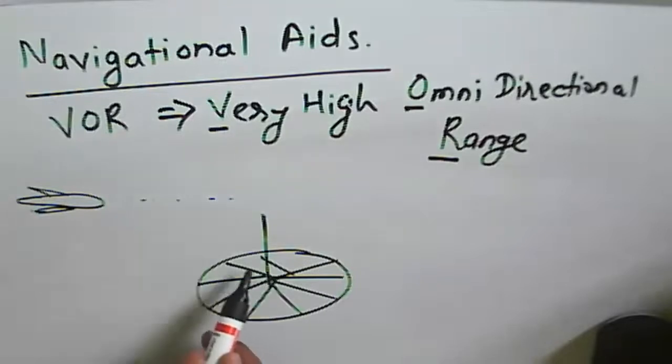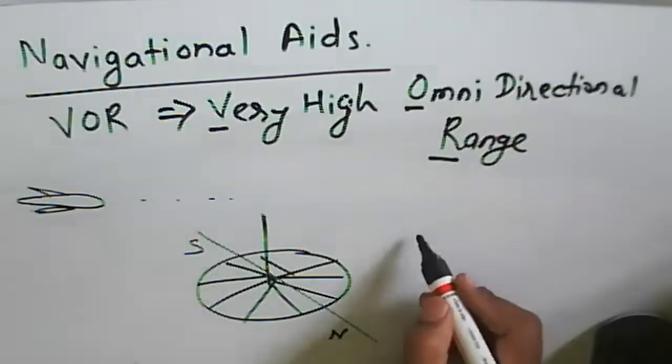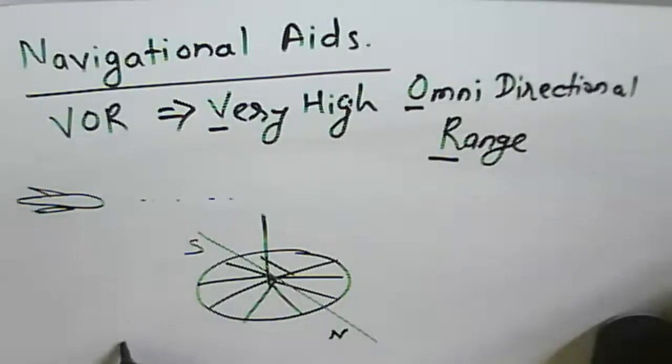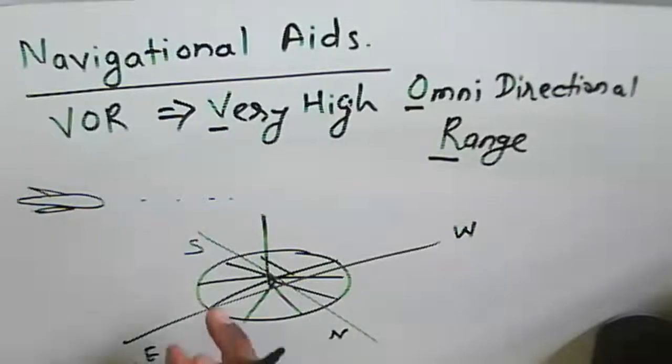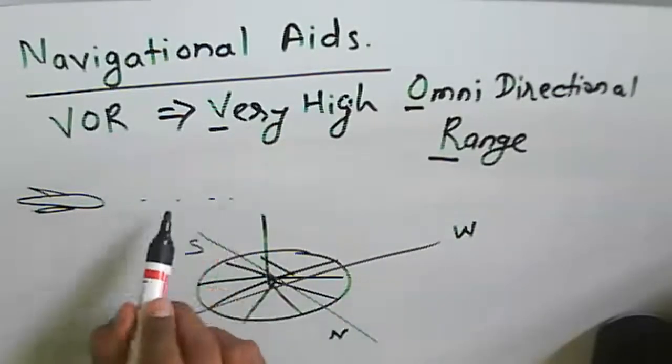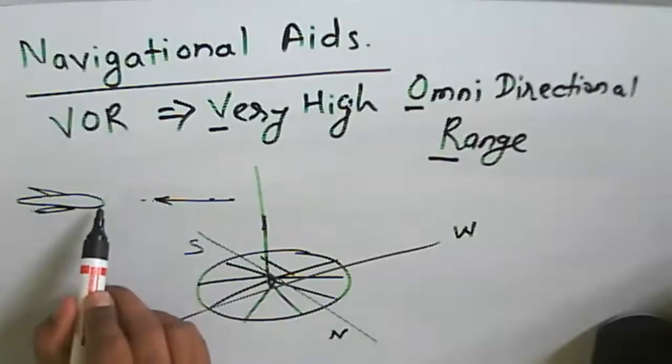From the position, we can find what the north and south, or the east and west position will be. According to that we can find out the position of the aircraft. From this, this one is the direction of the aircraft. Here is your aircraft.